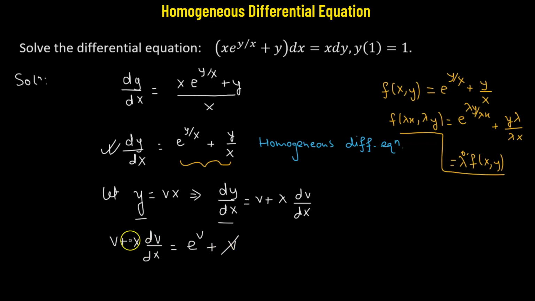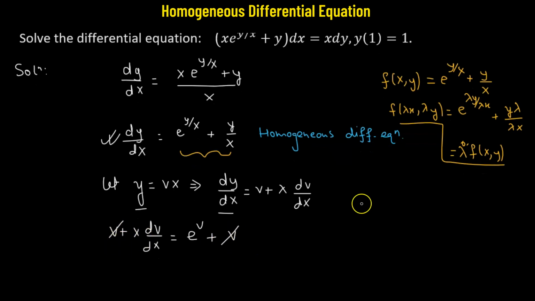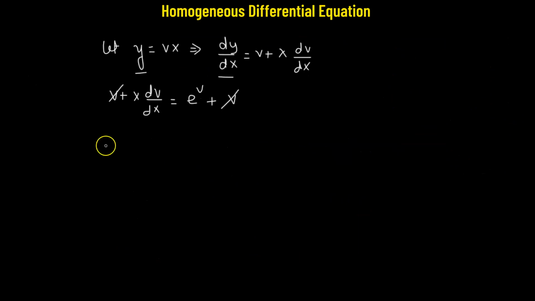So we can see that the v and v cancel out, and we are left with x times dv/dx. Let's rewrite this in a variable separable form.